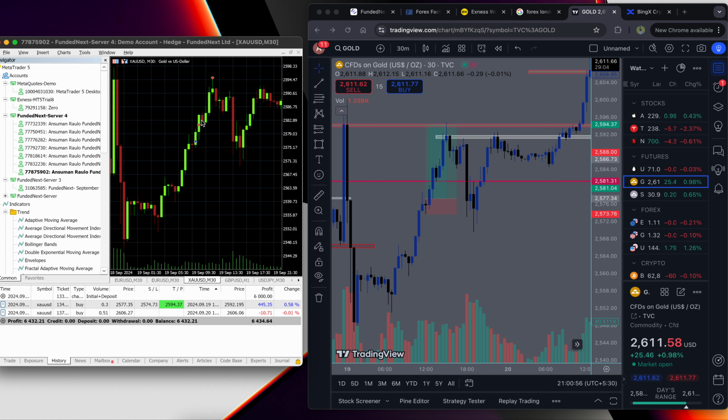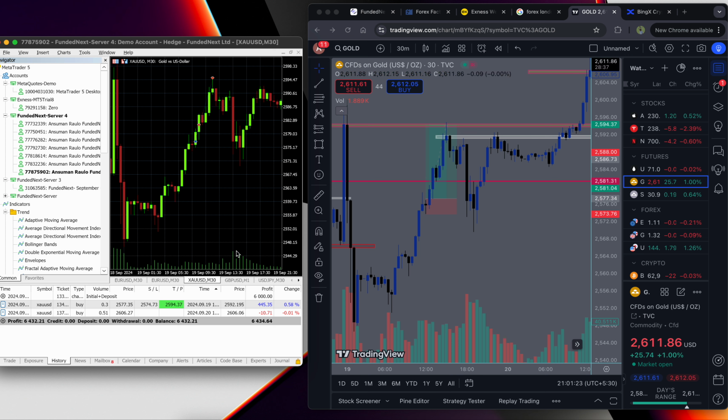So here I booked partials, price pushed up. 0.05 was the quantity in which I booked partials, and 0.25 was the quantity size at which the TP was hit.